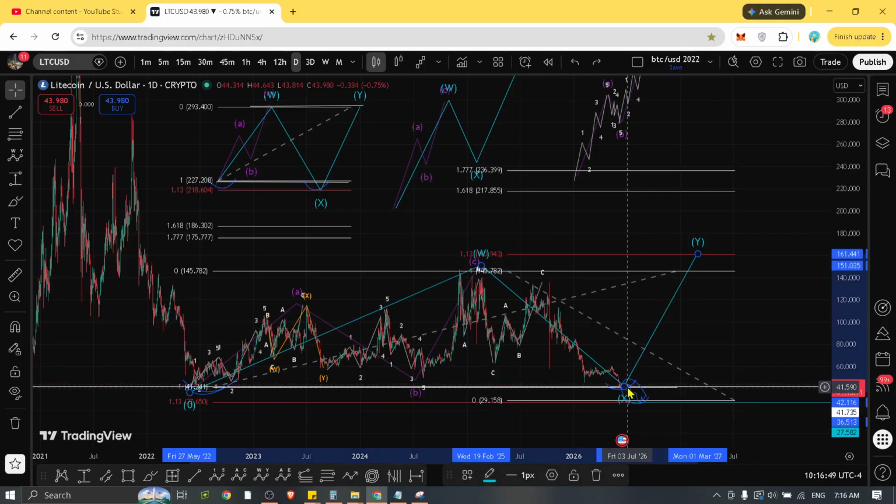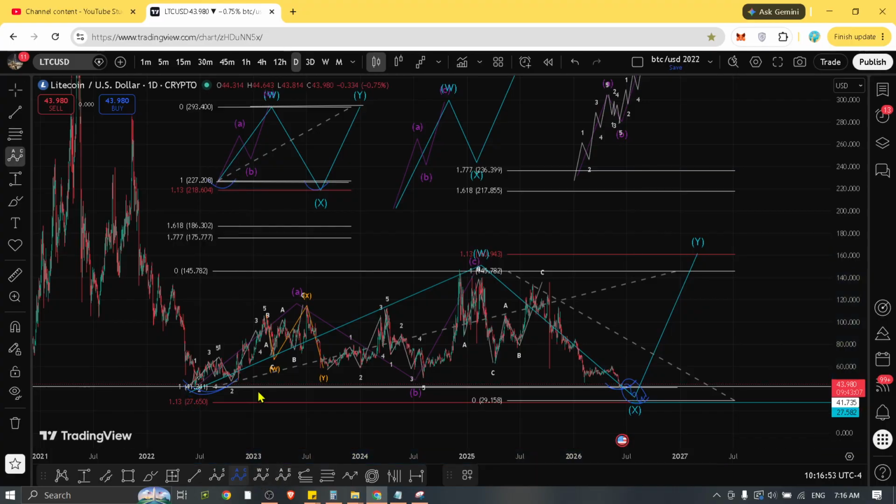Cool. And of course, once we go up for Y wave, as we discussed, it's going to be an ABC rally. So expect a 1, 2, 3. And within this, we're going to have our 1, 2, 3, 4, and 5. So we'll have our 1, 2, 3, 4, and 5. Followed by a 5 move down and a 5 move up.